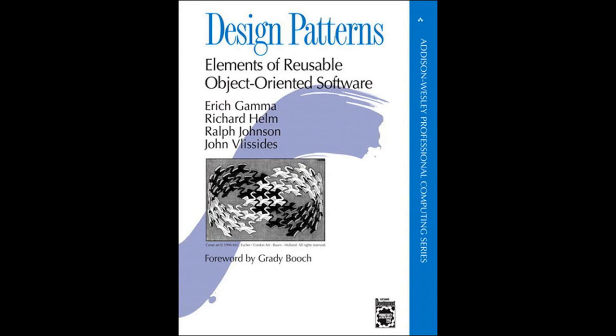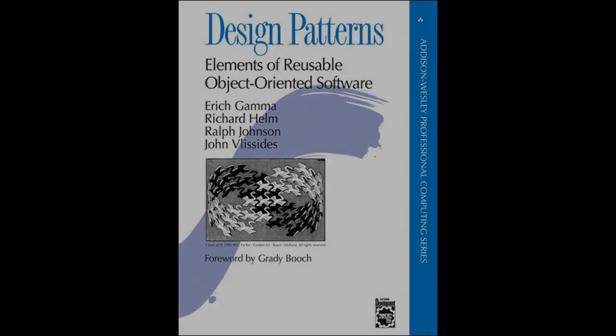The authors of this influential book are often referred to as the Gang of Four, or GOF, and they include Erich Gamma, Richard Helm, Ralph Johnson, and John Vlissides. Their work was based on years of experience and research in software development, and it has since become a foundational reference for software engineers and designers worldwide.